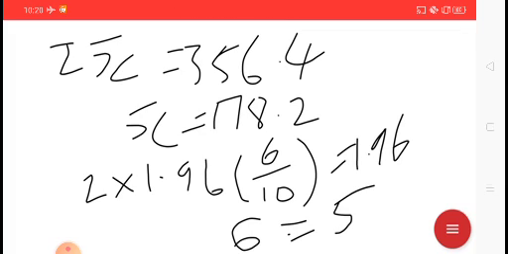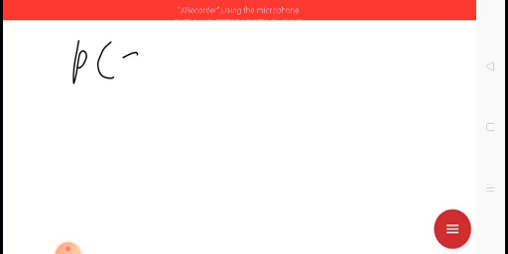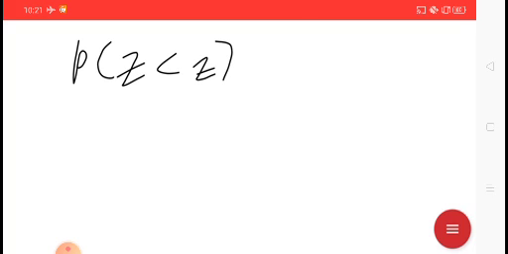Part 2, based on this sample, calculate the 80% confidence interval for mu. Once you have these two values, you can calculate the confidence interval. Clear so far? So you have 80%, and you know that P(Z smaller than z) is center 80%, so each side will be 10%, equal to 0.9.